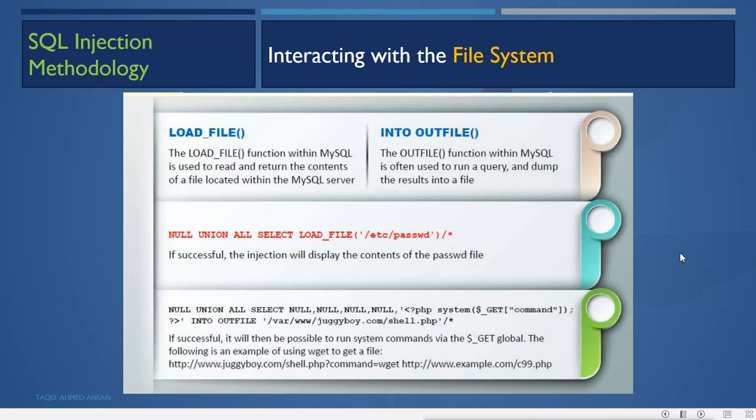If the attacker runs a query like NULL UNION ALL SELECT load_file on the passwd file, where user information is stored in Linux systems, and the injection is successful, it will display the contents of the passwd file.